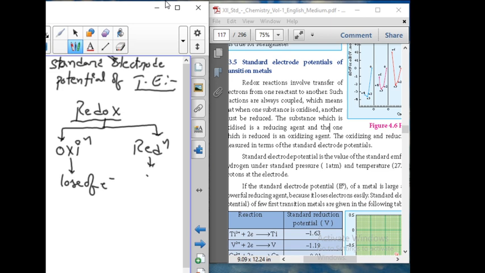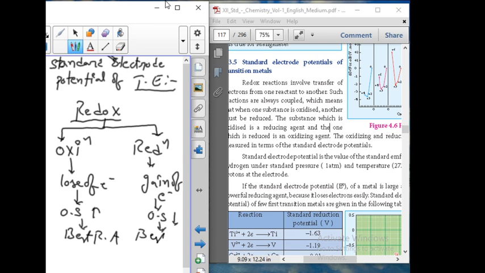Reduction means gain of electrons. Otherwise, if the oxidation state increases, that is oxidation; if the oxidation state decreases, that is reduction. If a chemical substance undergoes oxidation, it is the best reducing agent. If a substance undergoes reduction, it is the best oxidizing agent.